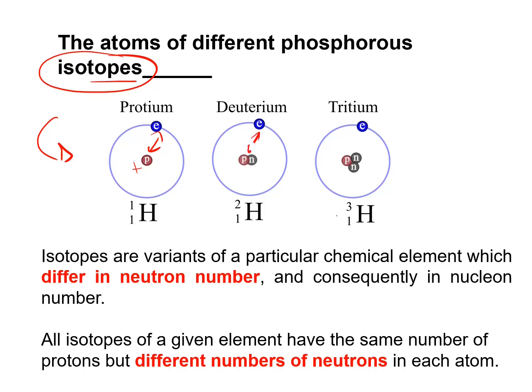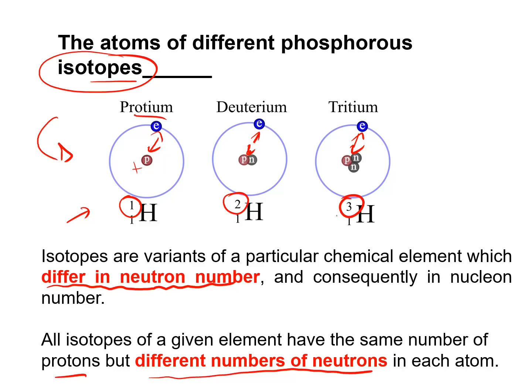Here protons and electrons are still the same, and here you also change. So look, this number is the only one that is changing, because in isotopes the difference is in the neutron number. And all isotopes of a given element have the same number of protons but different numbers of neutrons in each atom. So as we saw here, they have even different numbers.